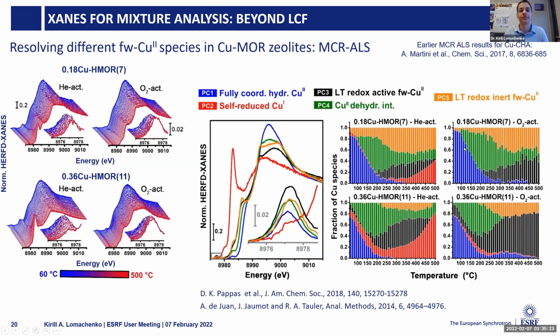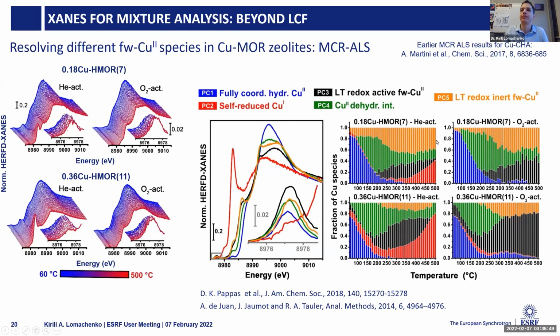And here, for example, the difference is quite pronounced for the 2 samples, and the difference in the productivity of these 2 samples for the methane to methanol reaction was closely connected to the different abundance of particular species.